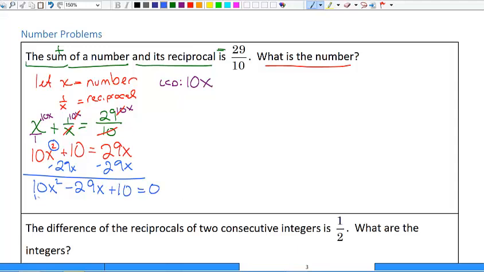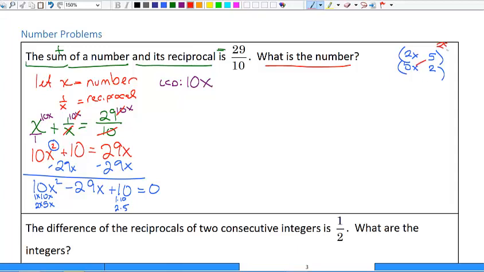I'm going to try to factor this. I'm not sure if it factors at the moment, but I'm going to try it. Let's try, I'm going to do it over here. 2x times 5x. Let's try 5 and 2. I always start at the bottom of my list, and then I don't put the two numbers next to each other that are the same.